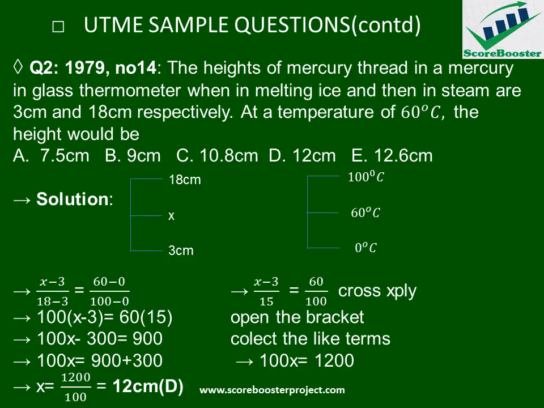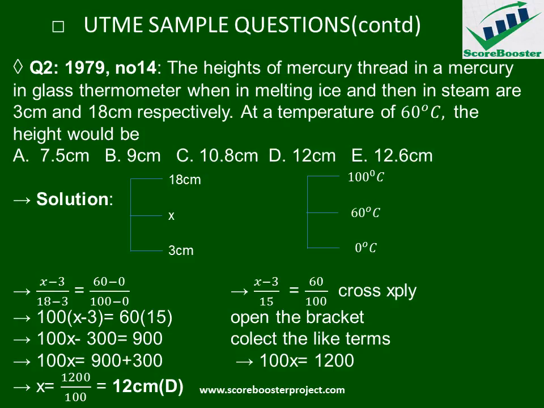Substituting, X minus the ice point, which is 3, over the steam point, which is 18, minus the ice point, which is 3, equals the intermediate temperature in Celsius, which is 60, minus 0, over the steam point, which is 100, minus the ice point, which is 0.